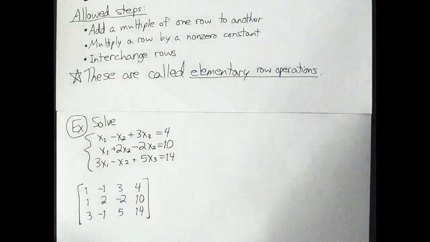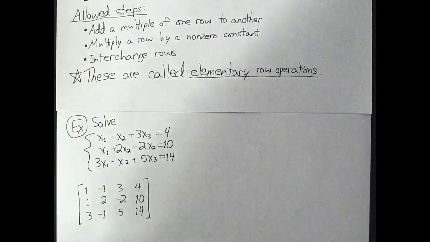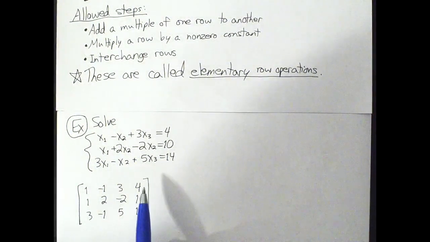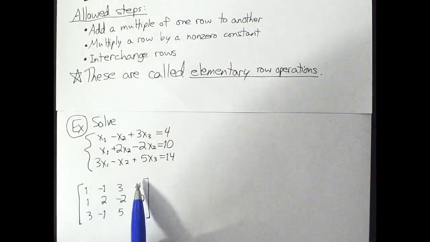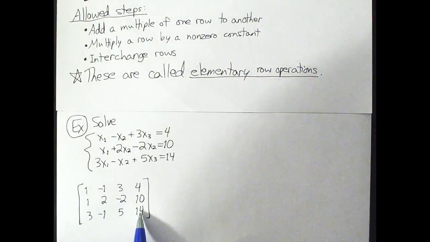But by the way, in case you're wondering, what's with that word augmented? Like, why do we say this is the augmented matrix of the system? Why don't we just call it the matrix? The word augmented is because we're including not just the coefficients, but we're also including the right-hand side.